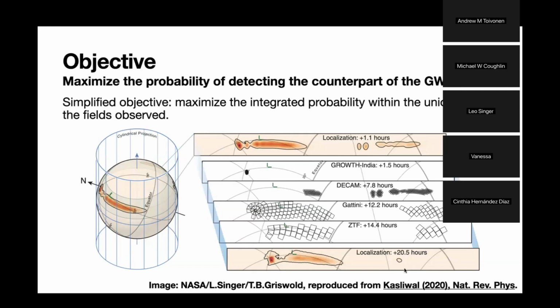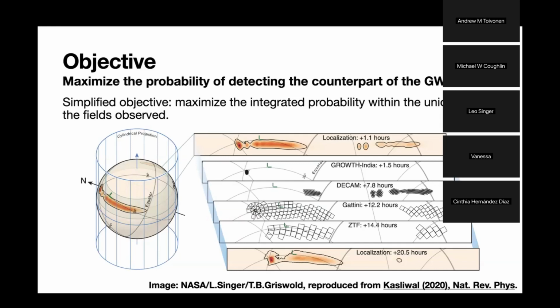So these orangish, reddish color maps are maps of posterior probability density across the sky. They're deeper and redder where it is more likely that the signal came from, and lighter where it's less likely.